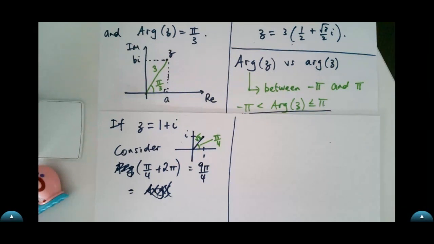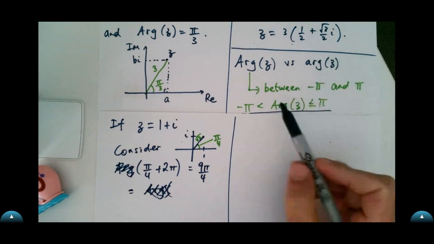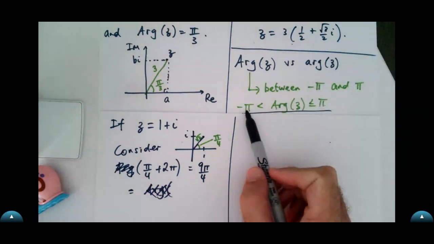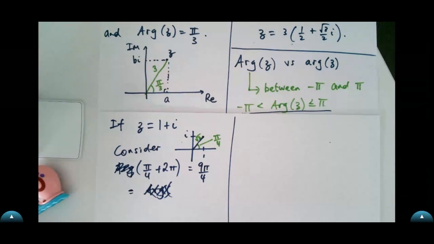Okay? So when we're talking about principal arguments, Zia, we're always wanting to find a value that's between negative pi and pi. Does that make sense, Zia?